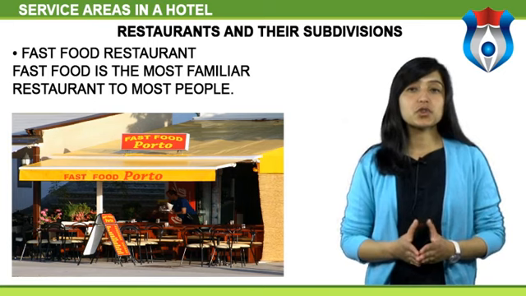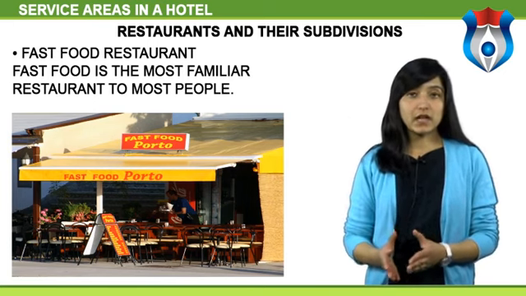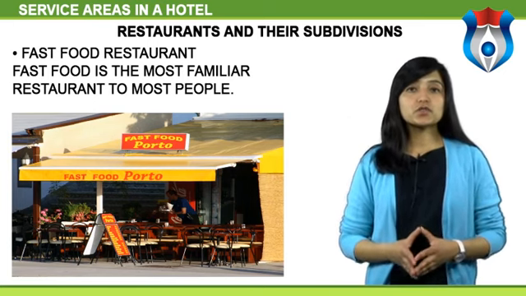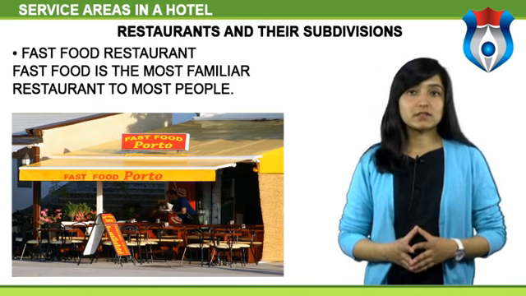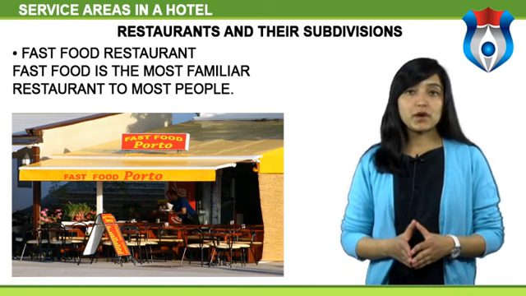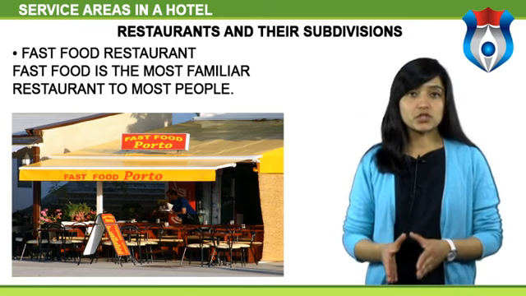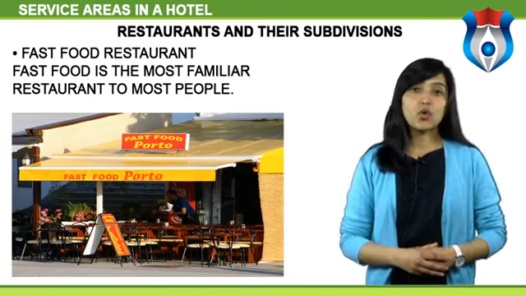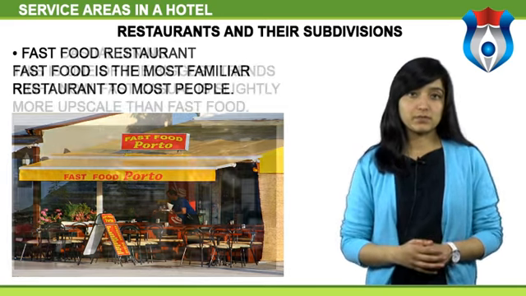Fast food service attracted customers for its speed and convenience. Fast food restaurants are typically chains. If we are thinking of opening a fast food franchise, keep in mind that the initial costs of franchising are more expensive than opening an independent restaurant.